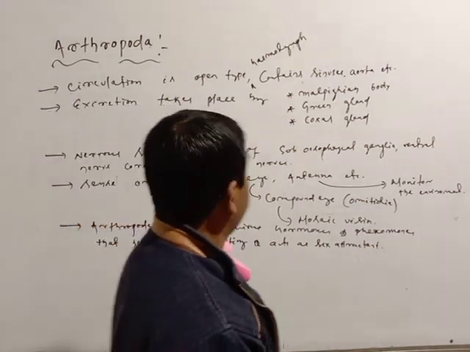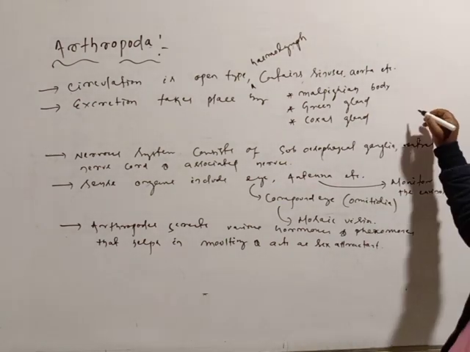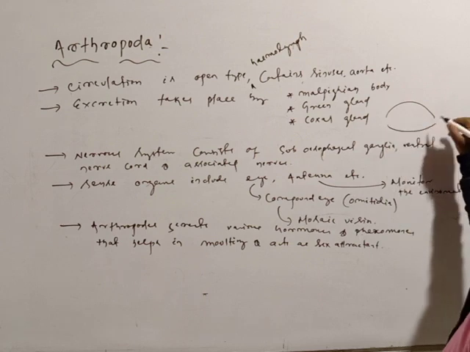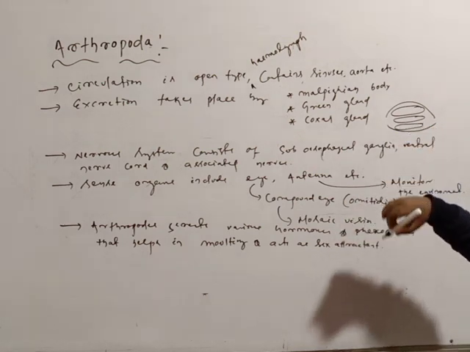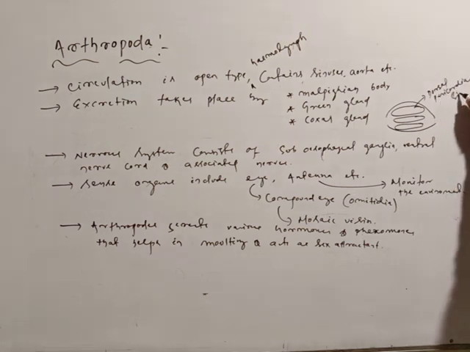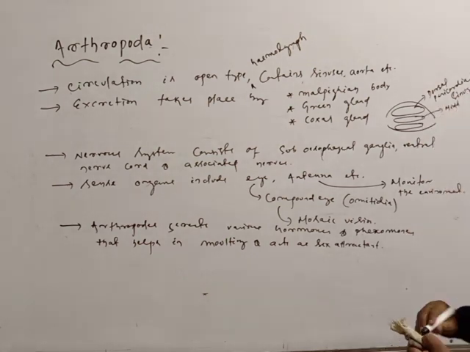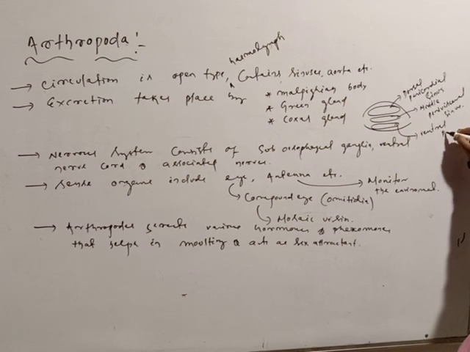See, circulation is open type. That means its body contains different cavities or sinuses. For example, this is the dorsal pericardial sinus, this is the middle perivisceral sinus, and this is the ventral perineural sinus.